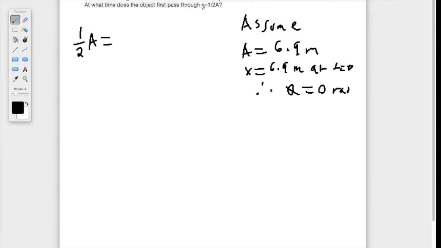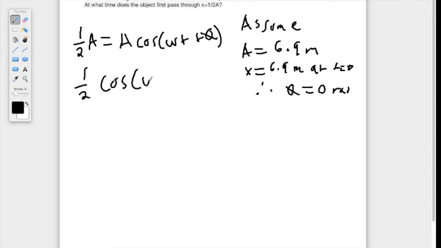So when x equals 1/2 A, and we're trying to solve for time, A cosine(omega t plus phi). The A's cancel out, so you get 1/2 equals cosine(omega t plus phi). So now we're going to take the inverse cosine of both sides.